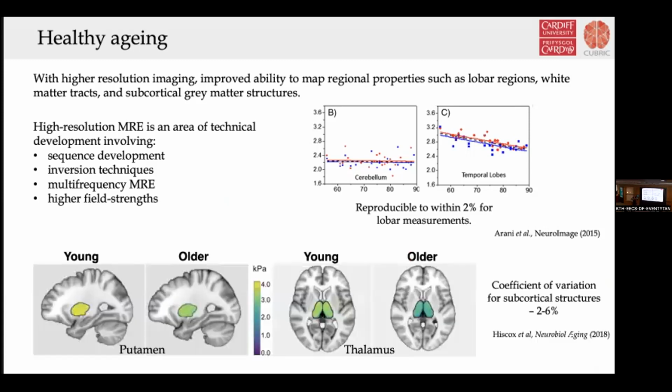Complementing previous studies, we found that the majority of structures were softer in older adults, with large effect sizes found for the caudate, thalamus and putamen. But importantly from this study, we were able to show how these effects persisted even while controlling for volume size, which suggests the additive value of MRE property measures. Again, we found no differences in the viscosity parameter, either globally or in any structure, and I'll come back to that in a second.